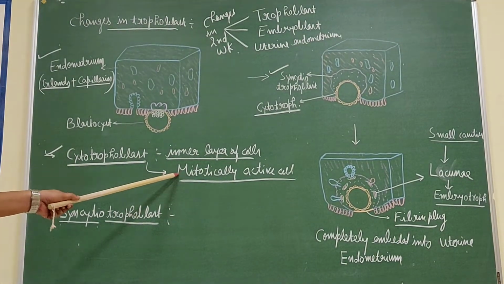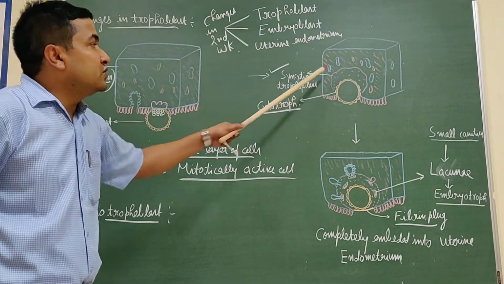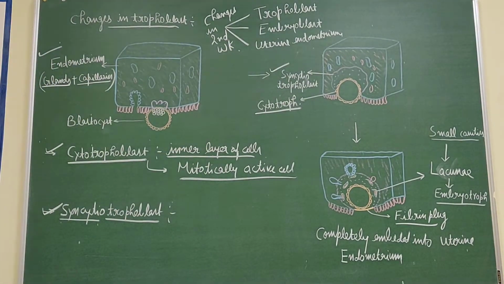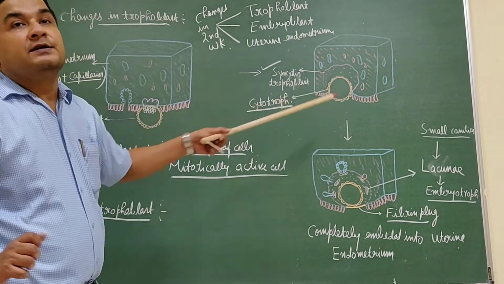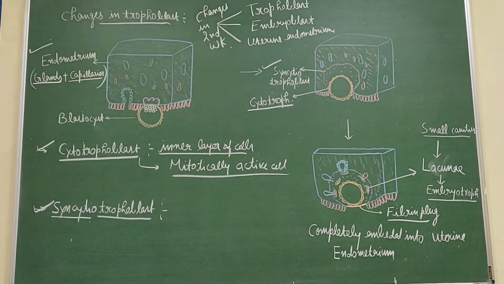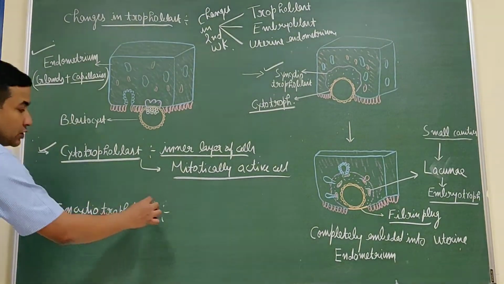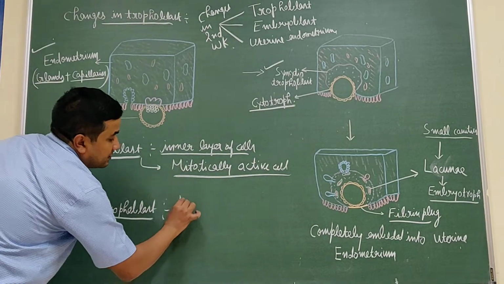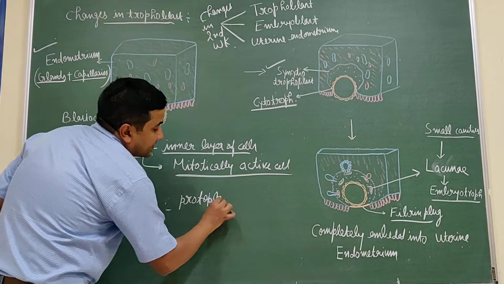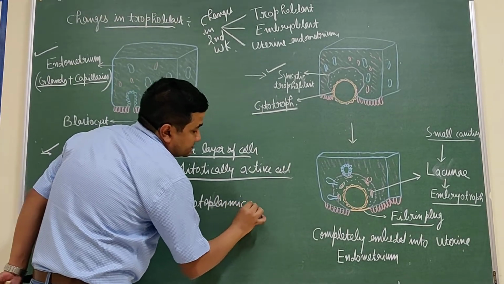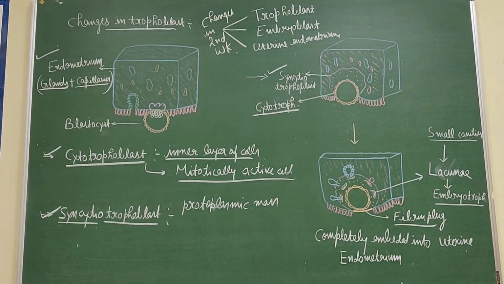Now these new cells migrate into the syncytiotrophoblast, and in the syncytiotrophoblast they lose their cell membranes, and this syncytiotrophoblast looks like a protoplasmic mass. It is a protoplasmic mass.